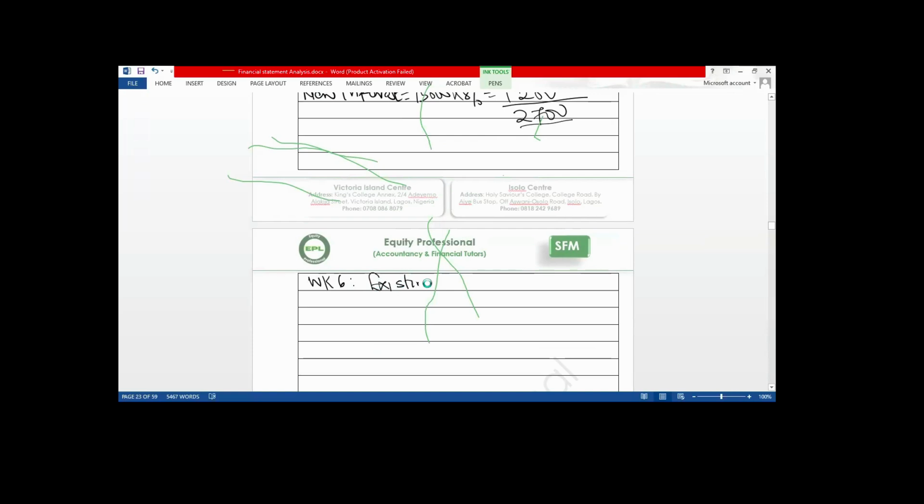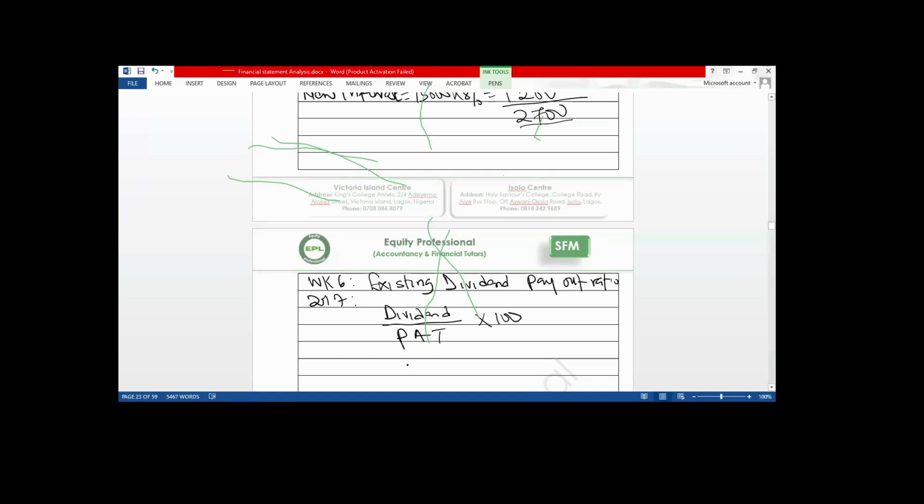Working 6, existing dividend payout ratio. The formula for 2017 is dividends divided by profits after tax multiplied by 100.